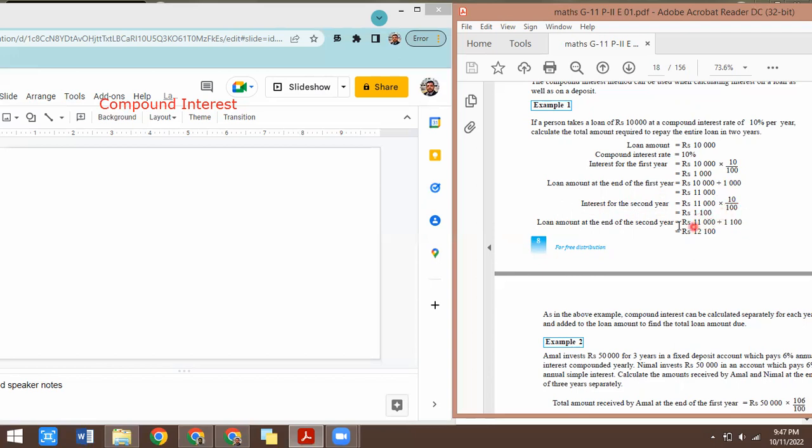That will be added to the principal amount of 11,000, and that is the balance at the end of the second year. So as in the above example, compound interest can be calculated separately for each year and added to the loan amount to find the total loan amount due. So 12,100 will be the amount that he has to repay at the end of 2 years.